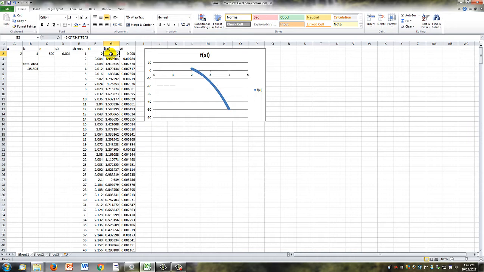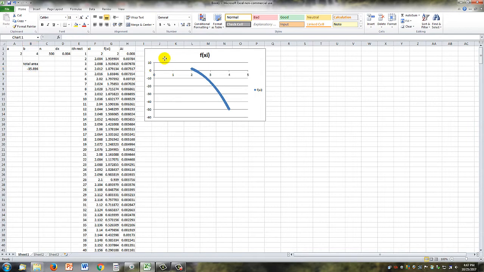Now when you're doing Riemann sums, you do not want to do the antiderivative. You type the function in. I'm going to find the area, which is the height using the function times the width using dx, and drag it down. Total area was H2 to H501, and we got a negative 35.896. And we got the exact area of negative 36.